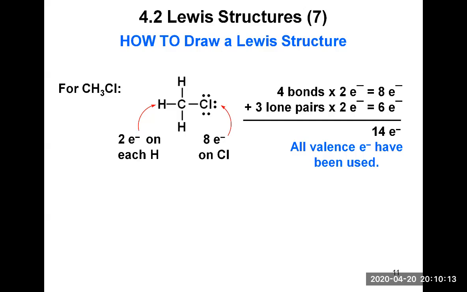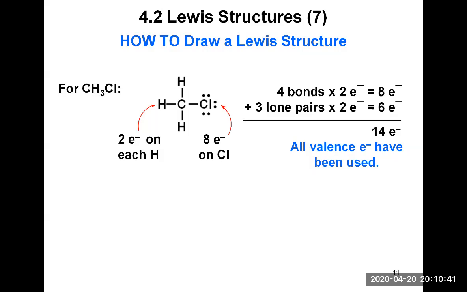Chlorine, on the other hand, needs 8 valence electrons around it. When it has only a single bond, it needs 6 more electrons. And so you would provide them with lone pairs on 3 sides. So 3 lone pairs times 2 electrons, that's 6 electrons. And that uses all the 14 electrons that were available.